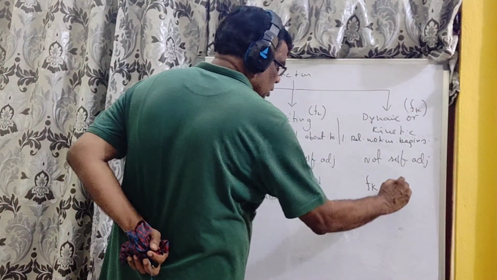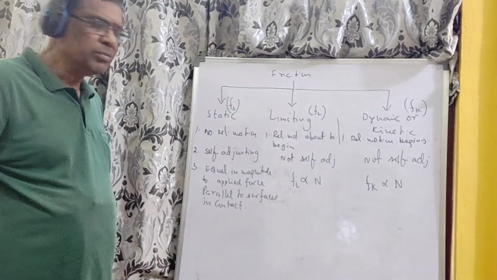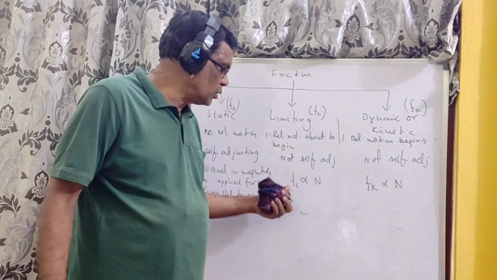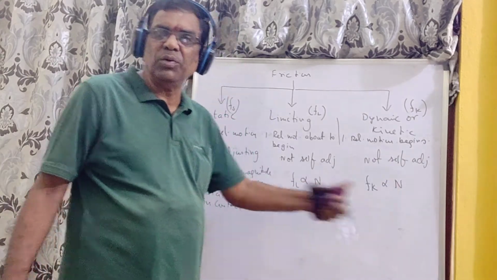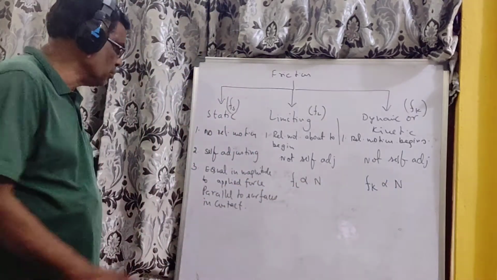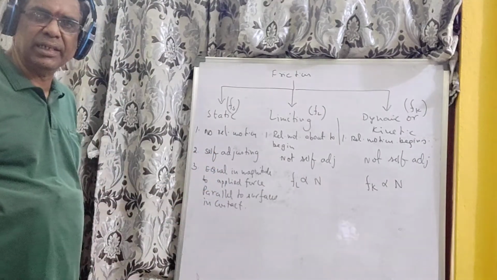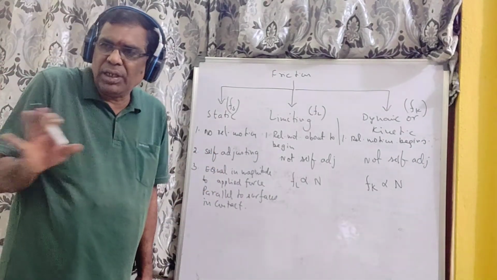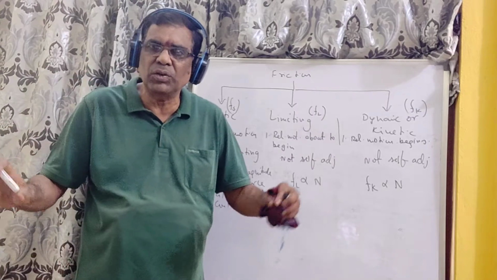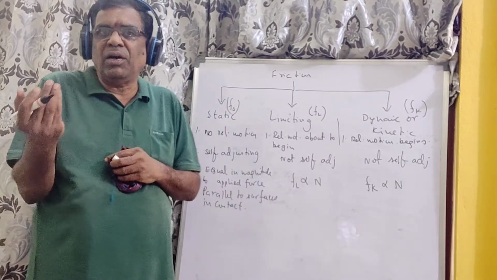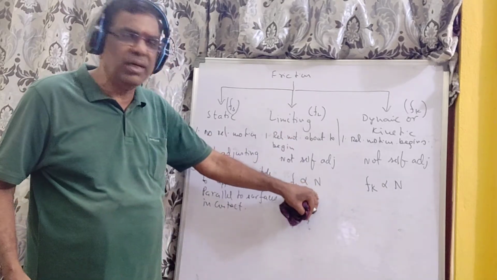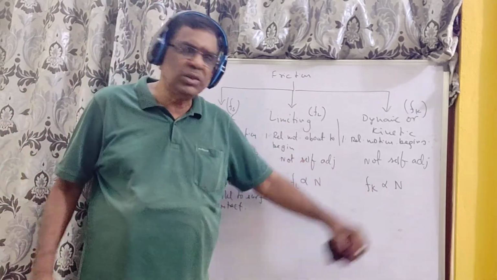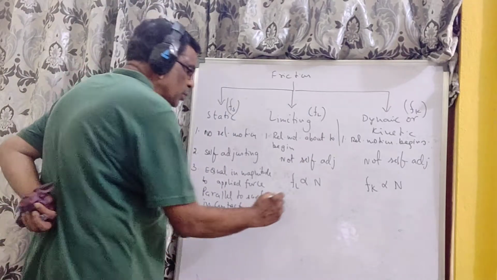Fk is proportional to normal force. More the normal force, more is the limiting friction. More the normal force, more is the kinetic friction. No such relation here. In fact, what is the static frictional force? It will depend on several factors, whereas this will depend only on normal force. This also depends only on normal force.